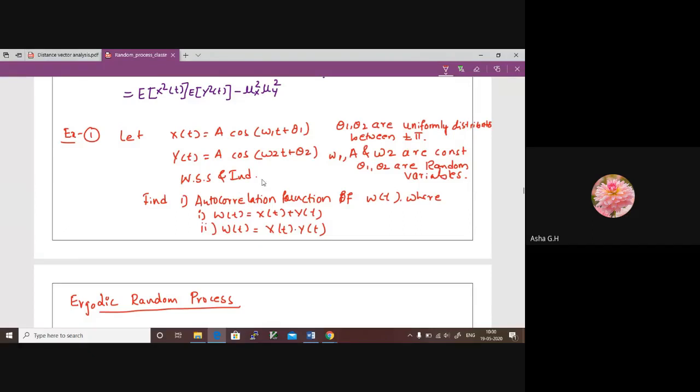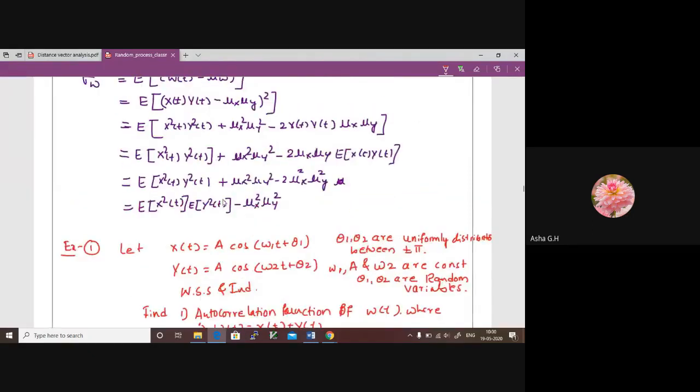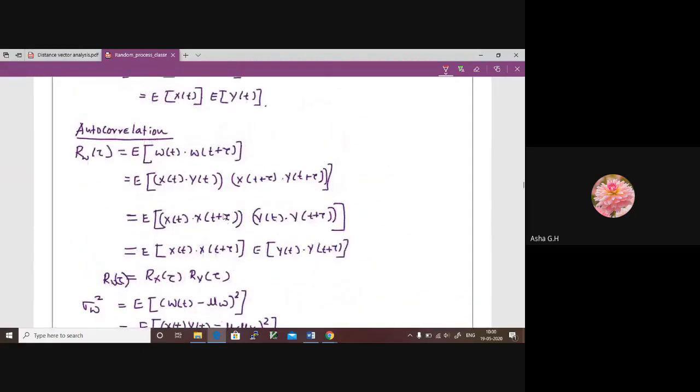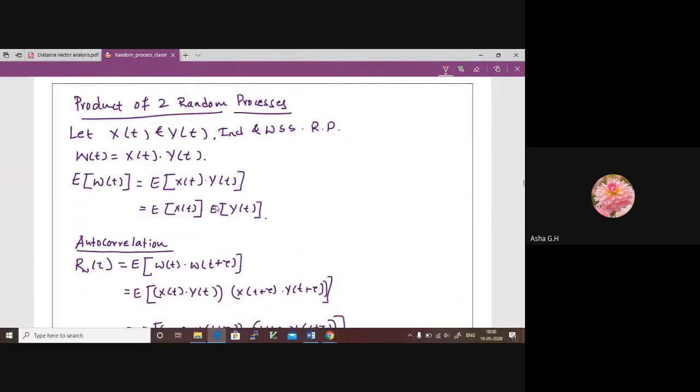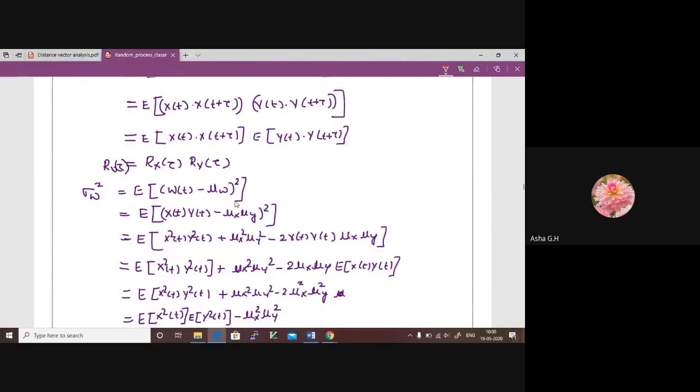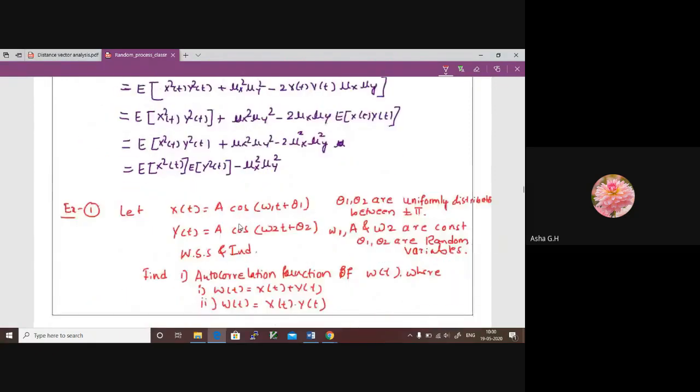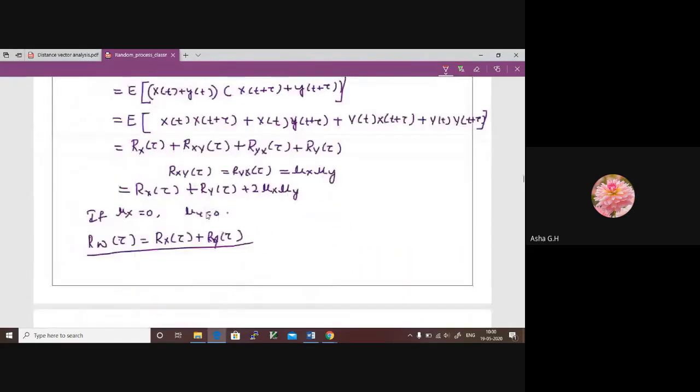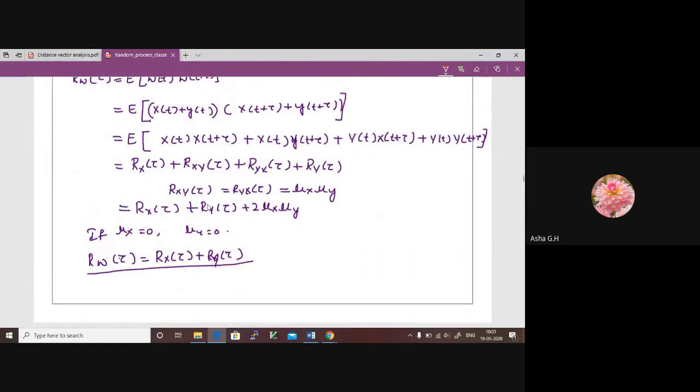Follow the same thing and check whether these equations are satisfied or not. Let's call this: check equations number 1, 2, 3 for the given example, and also the equation of the sum, this equation.